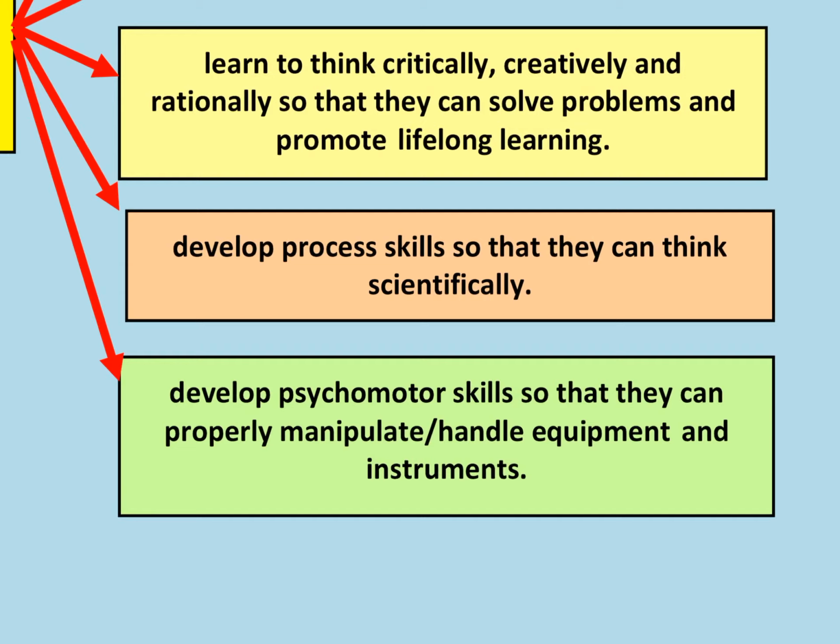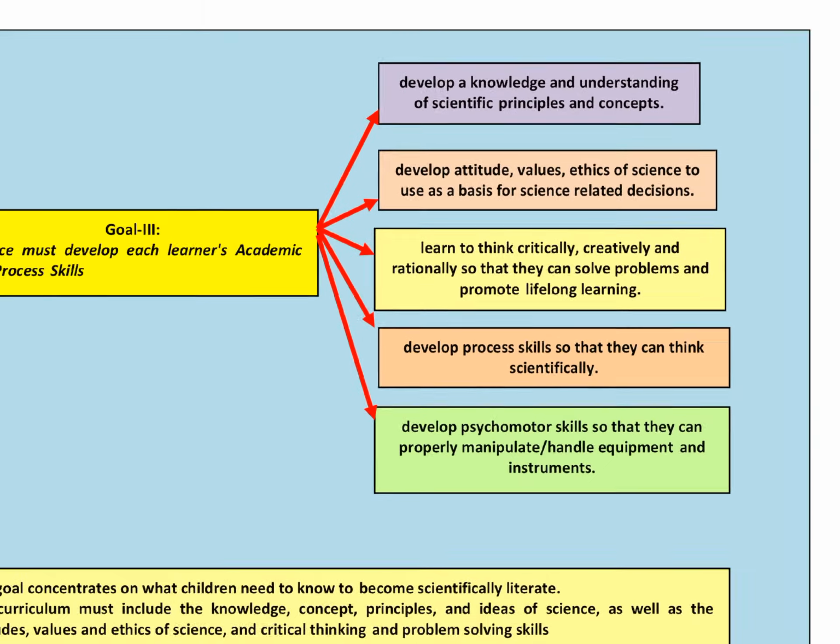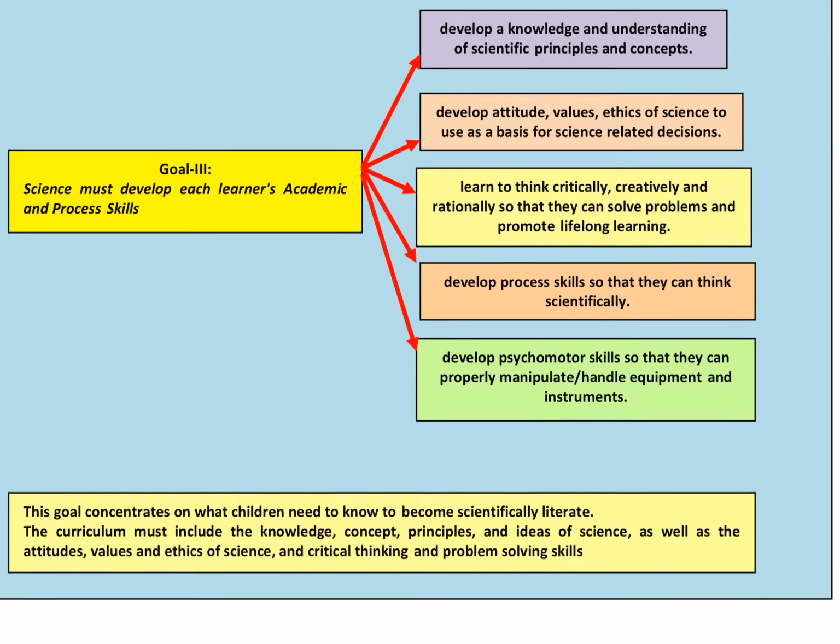In science, we have to make use of various instruments to perform the experimentations, and how to handle them properly, how to manipulate those equipments properly. So these skills are to be developed. So this is what goal 3 emphasizes.